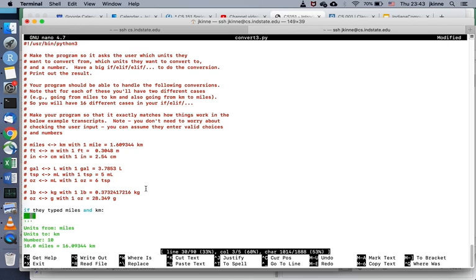Okay, so then I'm going to do something like answer equals number times that, and I'm using that conversion rate. If they typed kilometers to miles, then you're dividing. Right, so going one way, you multiply by the conversion factor, and going the other, you divide.